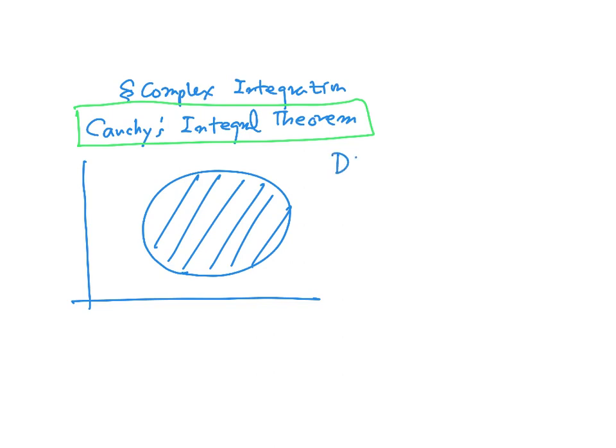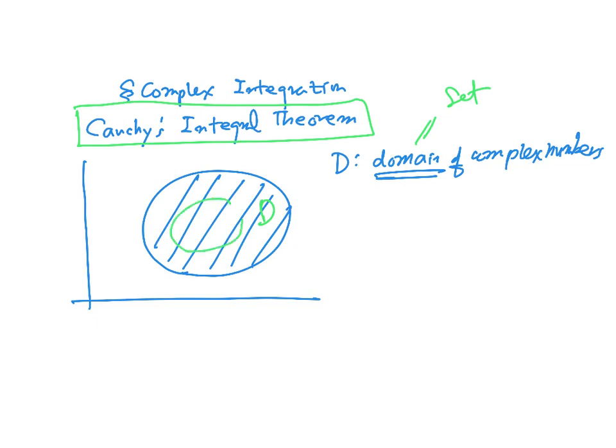The domain. So when you say domain, it's the same as set. So say this is your domain. It means this is a set of complex numbers. And then you have a closed loop.